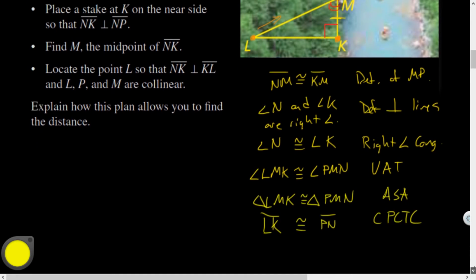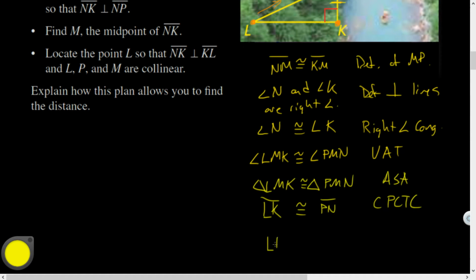Then I could say that their measures are equal, that LK equals PN by definition of congruent. So that's similar to the first exploration that we did when we were exploring ways to find the distance across a river. That helps us because I can measure this, which is on land, assuming I have the ability to travel across land, and I have minimal ability to travel across rivers.